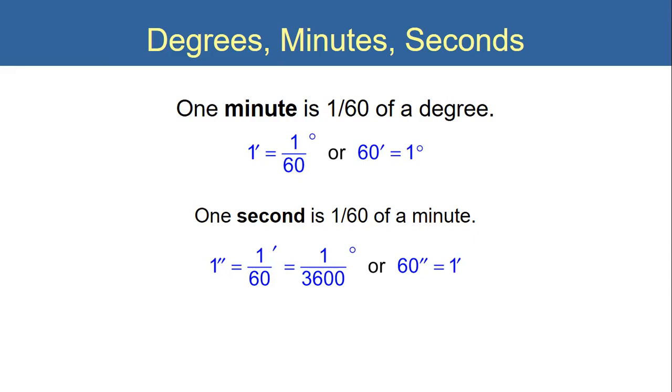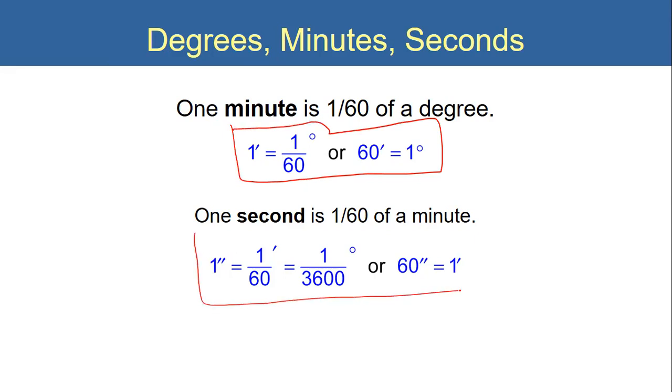Basically, what we're doing here is just converting between different units of measurement. These are the rules that you need to make sure you know and are able to comfortably convert. Instead of apostrophe, we say prime. That's an English term.